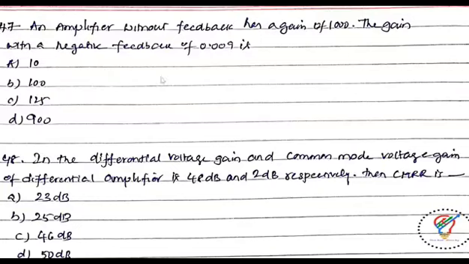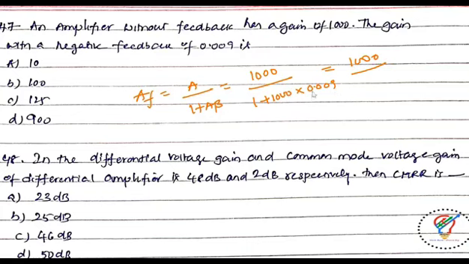An amplifier without feedback has a gain of 1000. The gain with a negative feedback of 0.009. Gain with feedback is nothing but gain without feedback divided by 1 plus A into beta. So the value is 1000 divided by 1 plus 1000 into 0.009. Multiplying 0.009 with 1000 gives 9, plus 1 is 10.